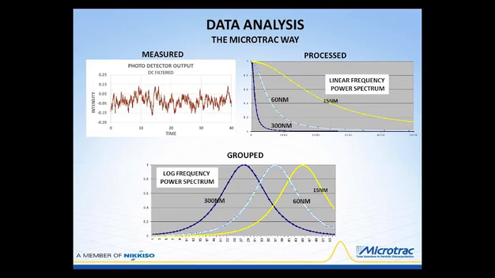And you can see from these plots here that are the response of different particle sizes, that when you have very small particles, the frequency is spread out over a very wide range, up to the maximum frequency that we're analyzing. As you go up in size, the frequency content is compressed more towards the low frequency end.